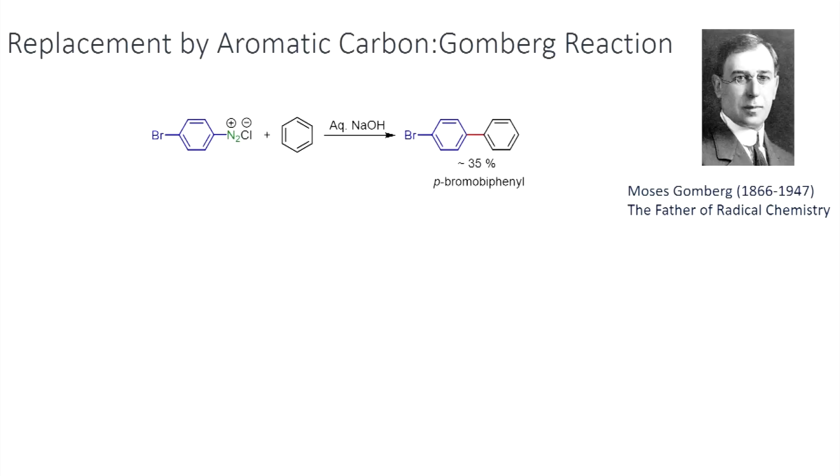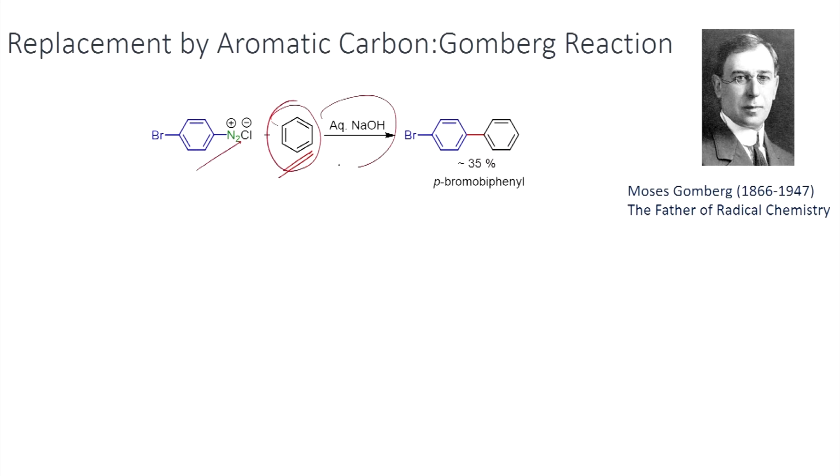In continuation, today we will see some more reactions of diazonium salts. The first example involves the reaction of diazonium salt with an aromatic system. Here the reaction of the diazonium salt with the benzene ring is shown.